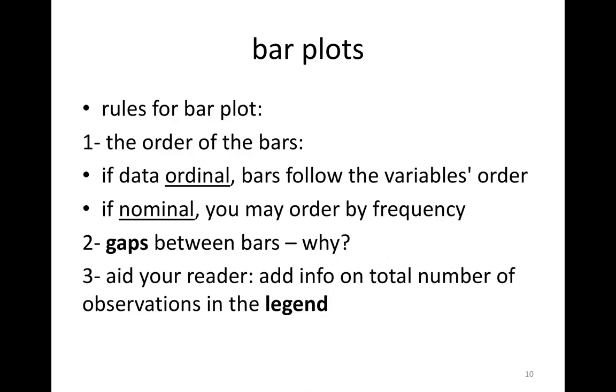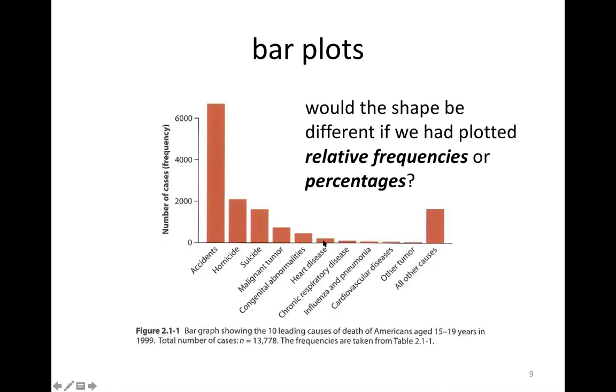So, rules to make a bar plot: if the data is ordinal, if there's order in the types of the categorical variable, then the bars should follow the variable's order. But if there's no order, if the variable is nominal, then you may order by frequency to aid in understanding the patterns, as you see in this case.